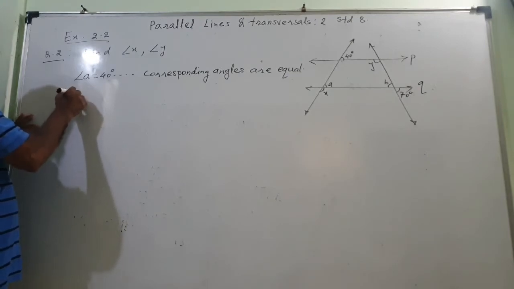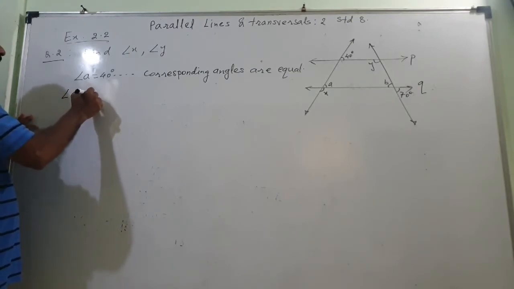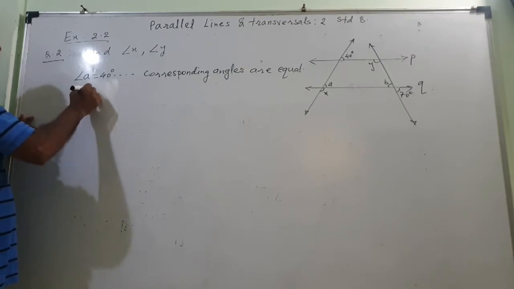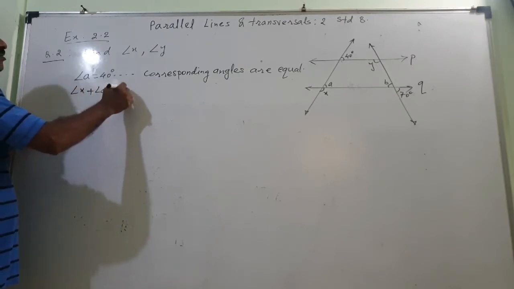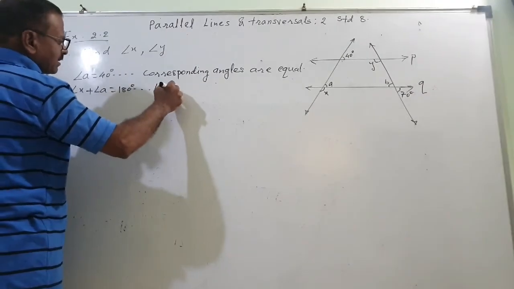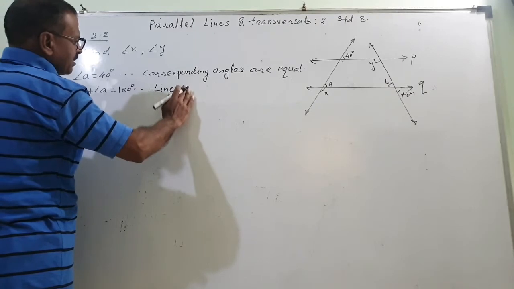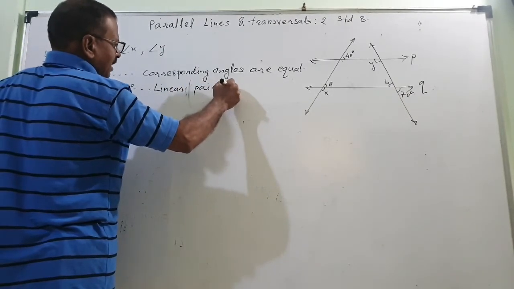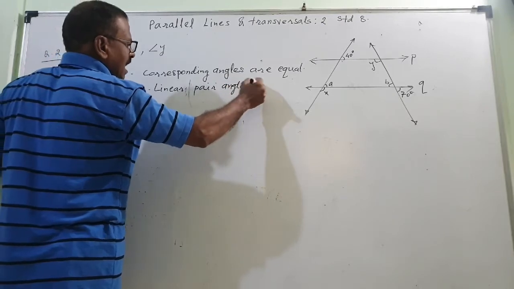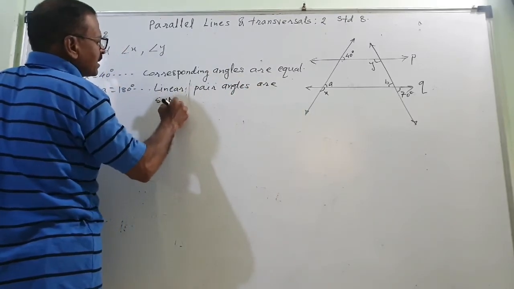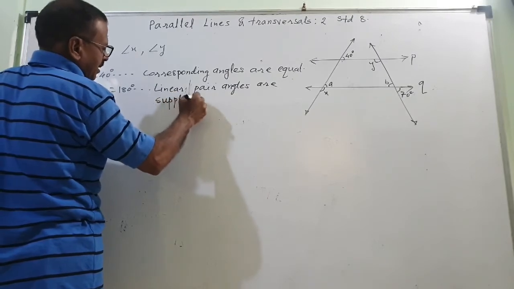Angle X plus angle A is equal to 180 degree. Reason, linear pair angles are supplementary. Supplementary means their sum is 180 degree.